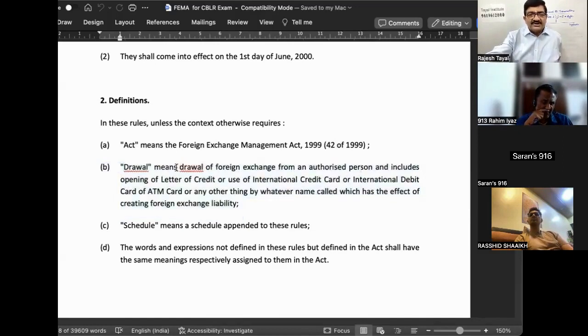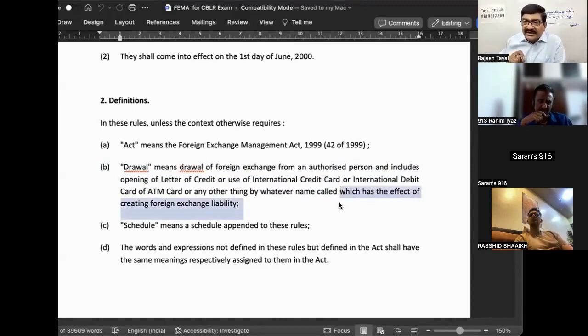In simple words, this is getting foreign currency from an authorized person, and the inclusion of letter of credit, international credit card, debit card use, all that will be referred to as a drawal. So the effect is more important, which has the effect of creating foreign exchange liability. Whenever a foreign exchange liability is created, that is referred to as a drawal.